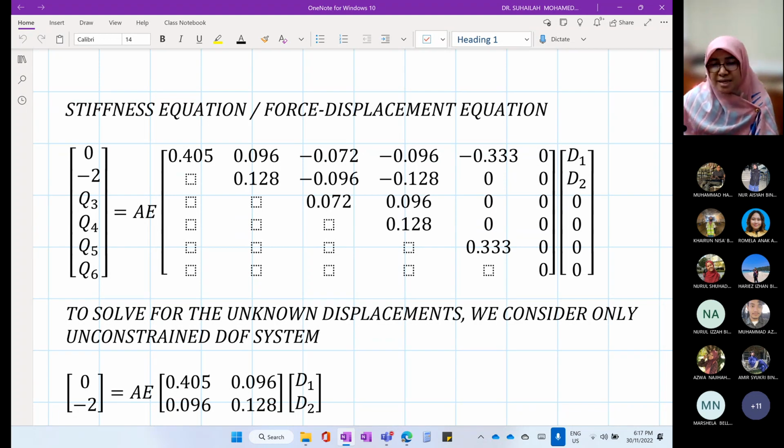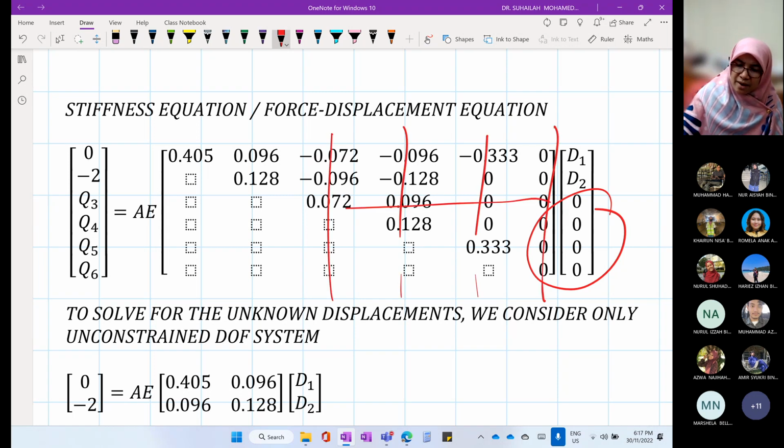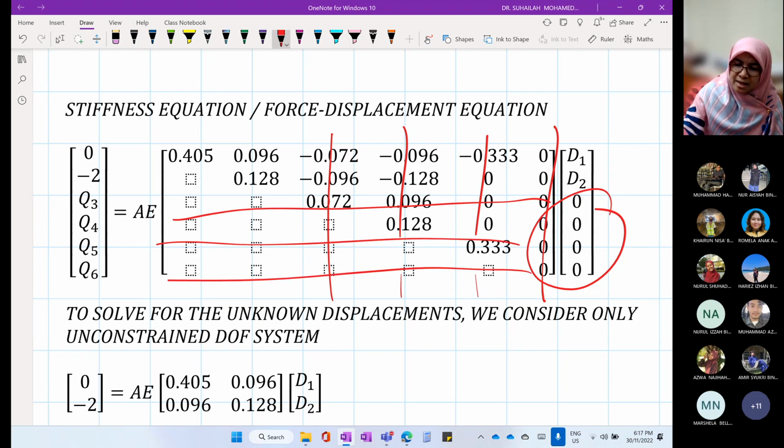However, since displacement equals 0, because this is just matrix multiplication, line times row, when we solve, anything multiplied by 0 will cancel. Here there are 4 zeros at positions 3, 4, 5, 6, so everything at 3, 4, 5, 6 will cancel. Only these two remain.